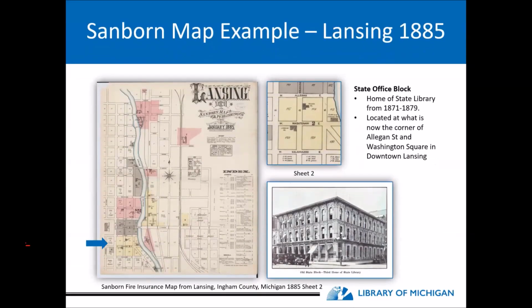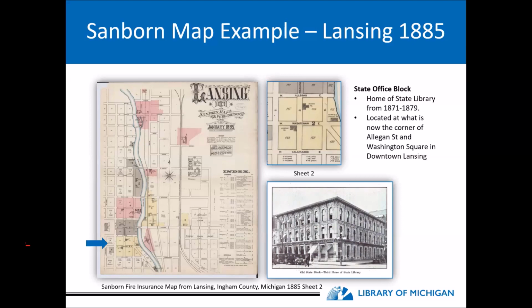So here's just a sample that we created. State office block was the home of the state library, 1871 to 79. It's located at what is now the corner of Allegan Street and Washington Square downtown.